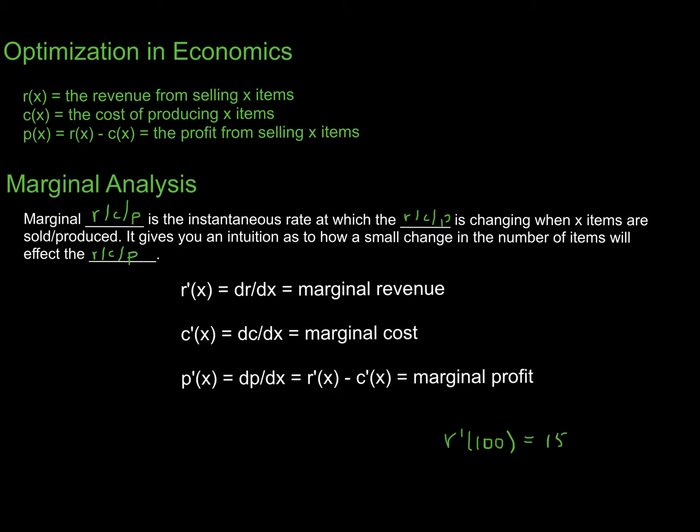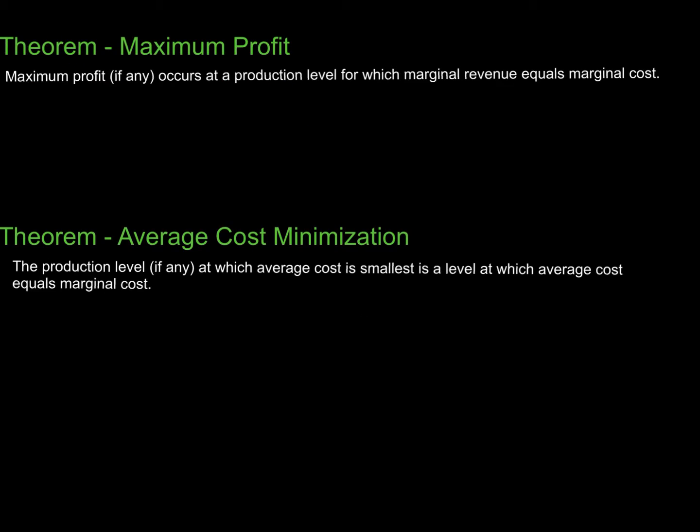And we found that those critical points will occur when the marginal revenue is equal to the marginal cost. In other words, the instantaneous rate of change at which the revenue is changing is equal to the instantaneous rate of change at which the cost is changing. That's very interesting, and it's something that makes our life a lot easier. So let's actually prove that this is the case. There are two theorems that we're going to take a look at and prove.